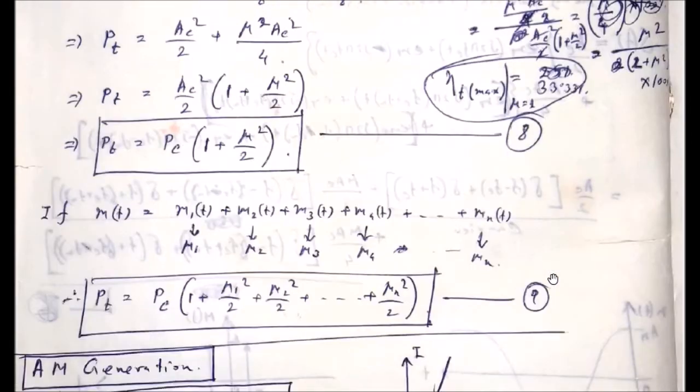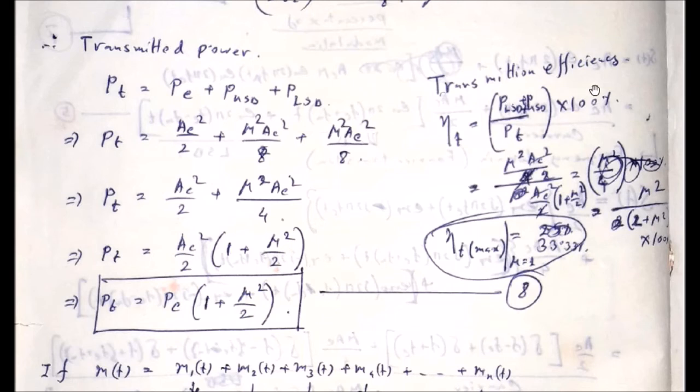Okay, now again, if we consider what is the transmission efficiency, remember that transmission efficiency is defined as the percentage of power used to transmit the information with respect to the total transmitted power. Again I am repeating, transmission efficiency is defined by the percentage of power used for carrying the information with respect to the total transmitted power.